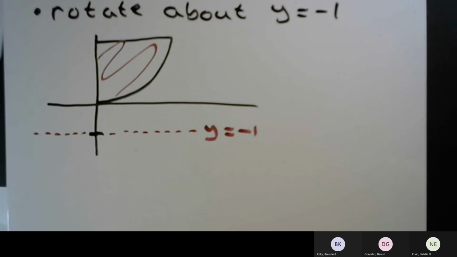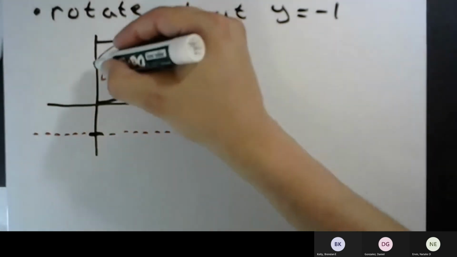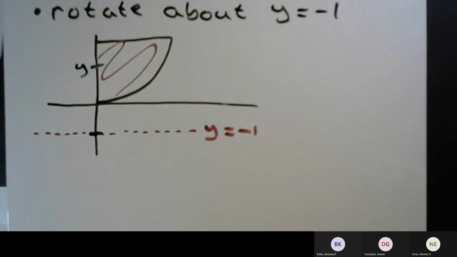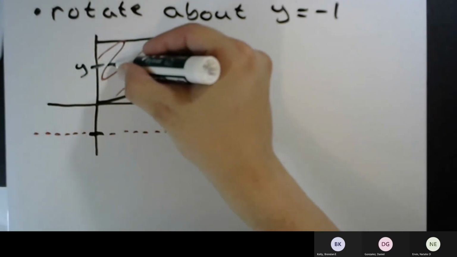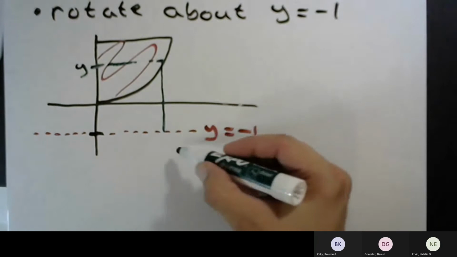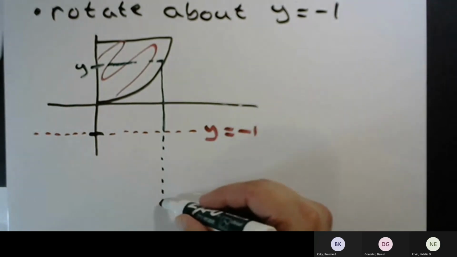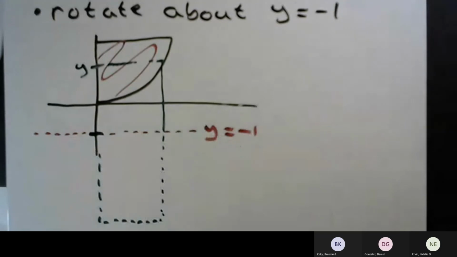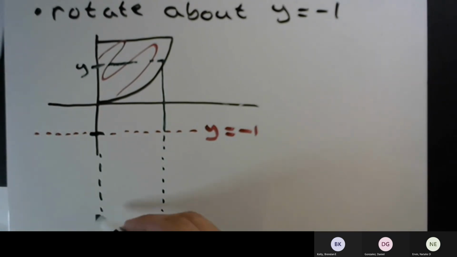So what we're going to do, we're going to be integrating along the y-axis. So let's pick a location y. Well, we need the height of our cylinder. Our cylinder is going to do this, and that's going to be our cylinder.